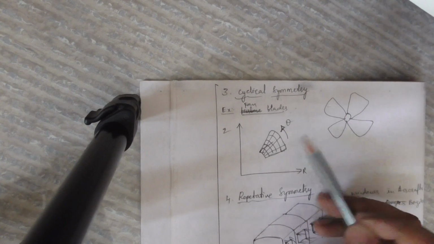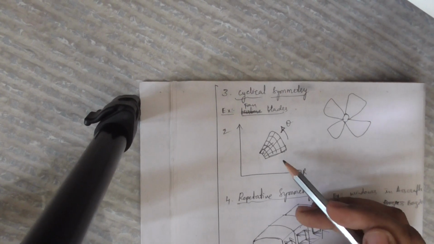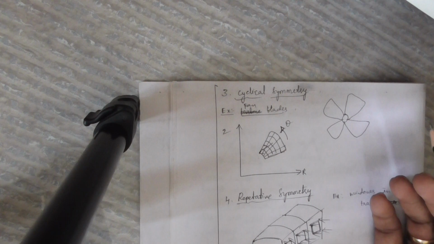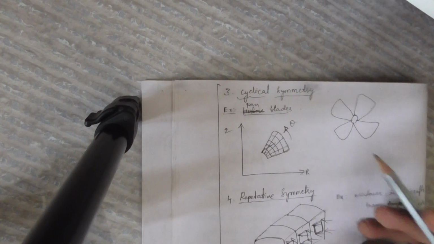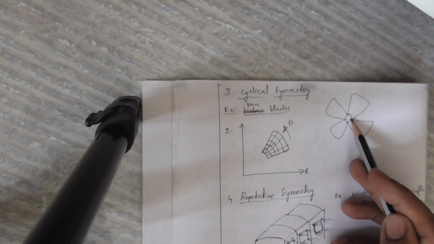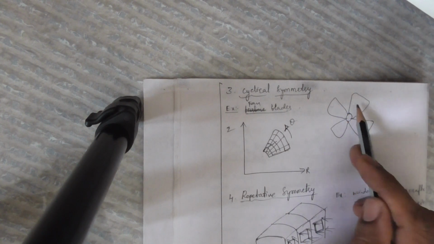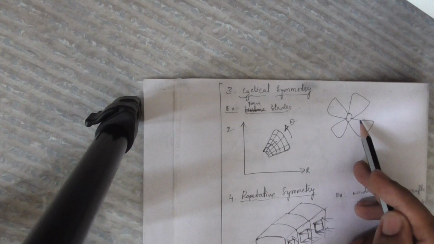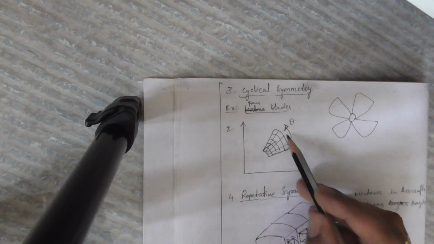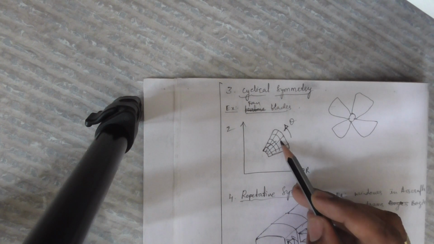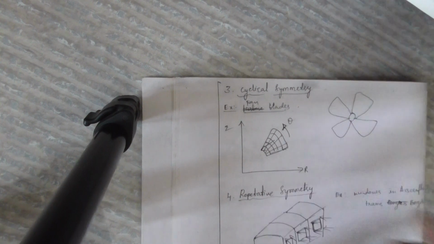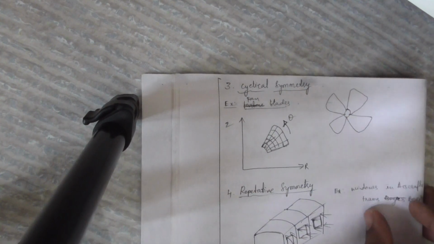If you analyze one blade, it is more than sufficient, because the behavior remains the same in all the blades. When the blade is rotating at a certain speed, the forces on all the blades remain the same. That's why for designing, you can analyze just one blade to find the deformation and stresses in the blade due to the pressure. That is called the cyclical symmetry.